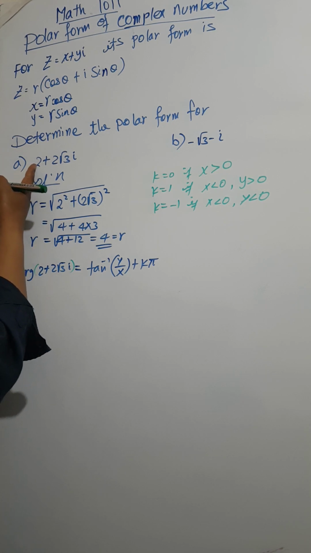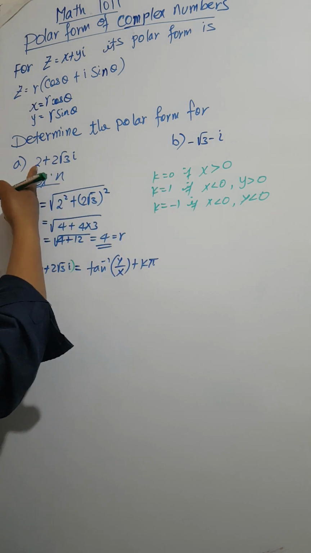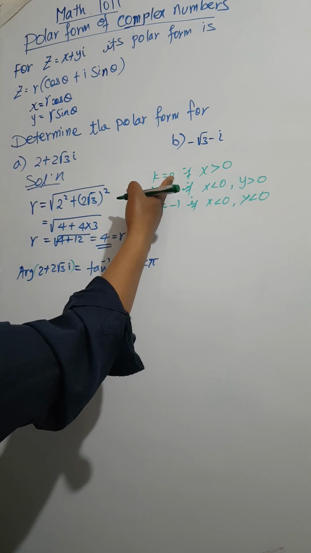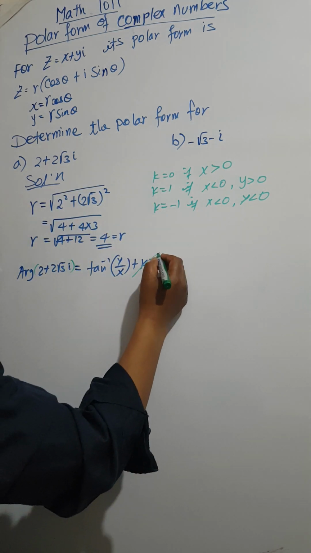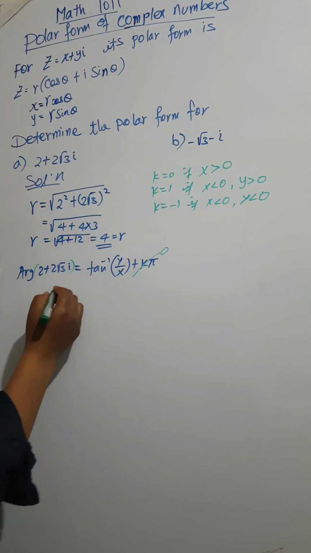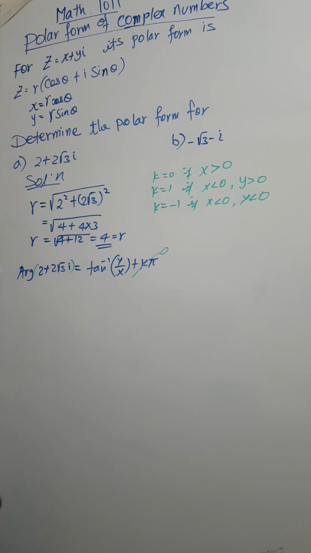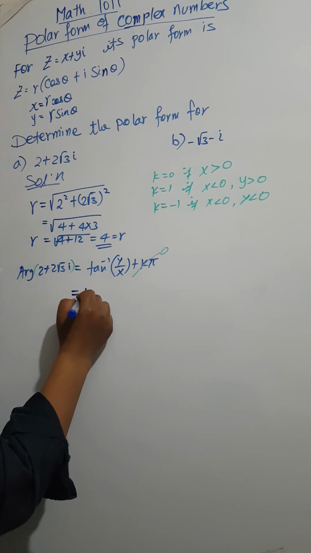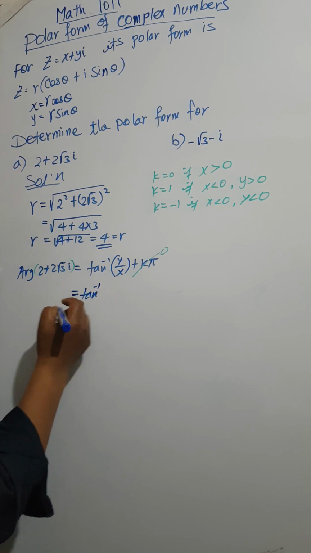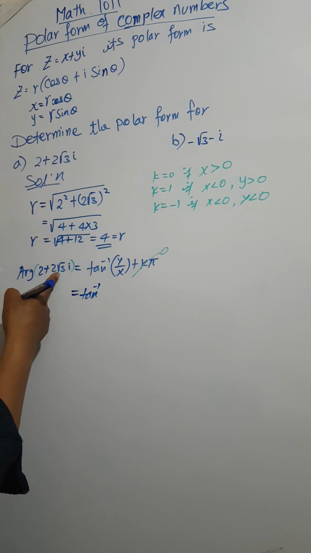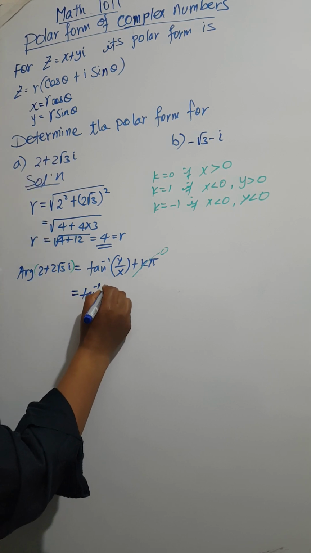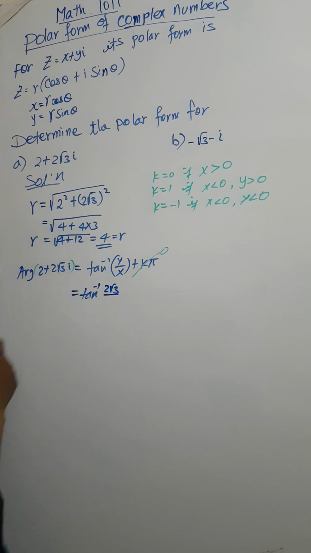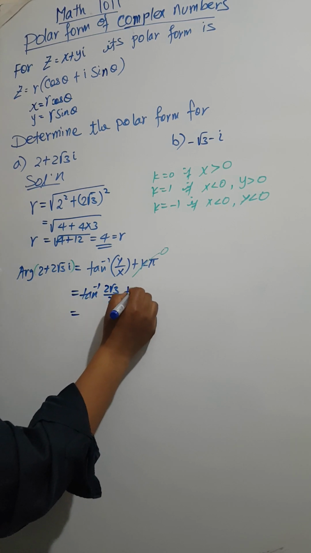We use these three conditions when determining the argument. For this complex number, the real part is greater than 0, so our k is 0. So this is equal to tan inverse of the imaginary part, 2 root 3, over the real part, 2, plus 0.